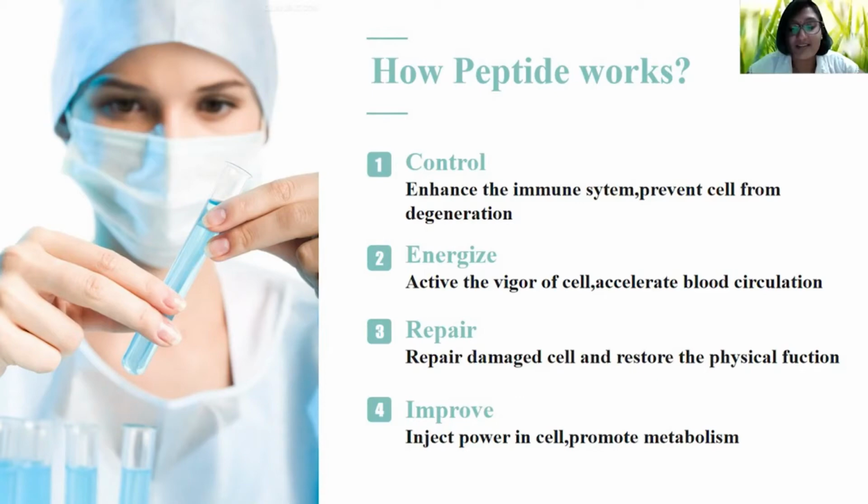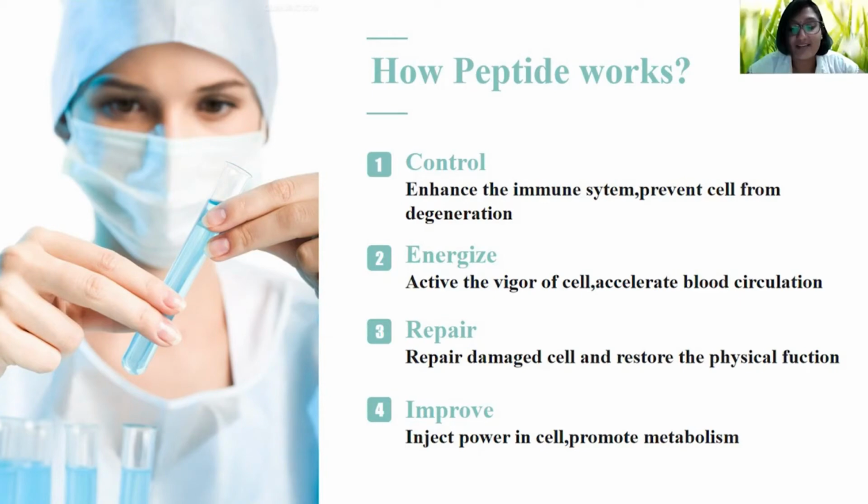How does it repair? It repairs the damaged cells and restores the physical function. What it uses is small molecule active peptides, which repair damaged, degenerated cells. Peptides restore small cell or membrane function by repairing the cell membrane receptor. That's how it will restore the physical function.